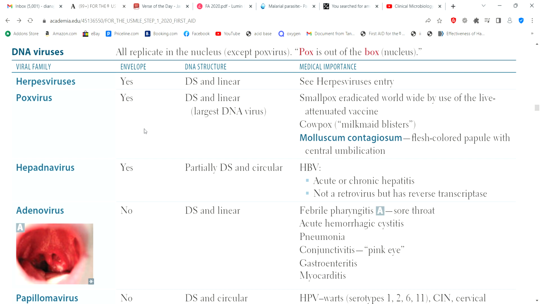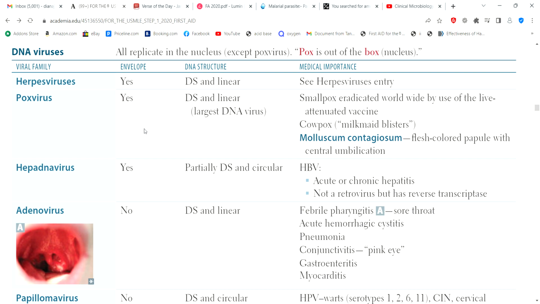Cowpox, milkmaid blisters. Milkmaids would get sores on their hands from milking sick cows.